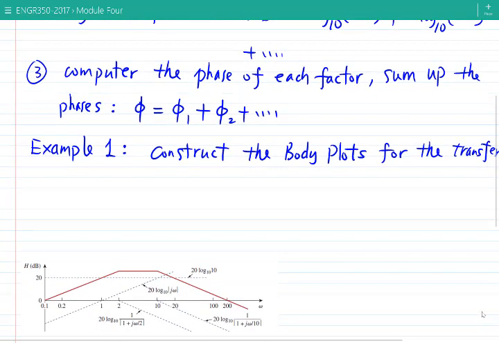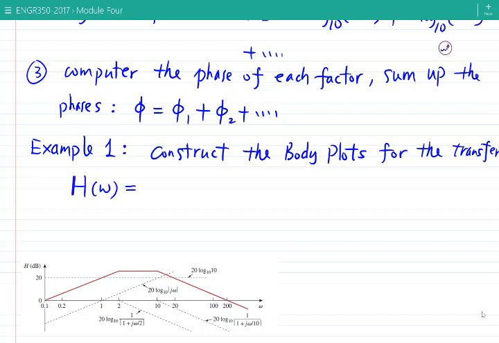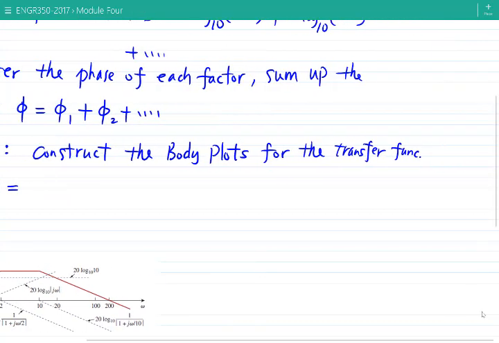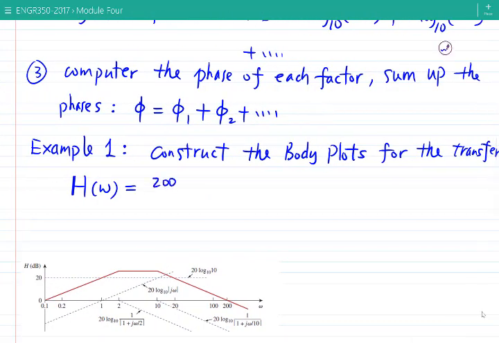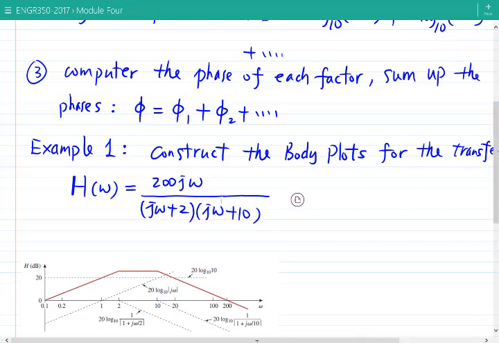The transfer function is H(j omega), a function of frequency, equal to 200 j omega over (j omega plus 2) times (j omega plus 10). So this is the transfer function.